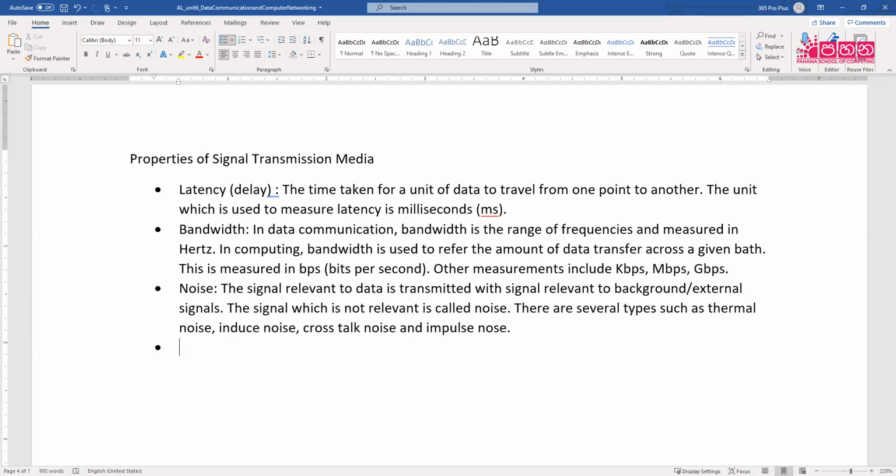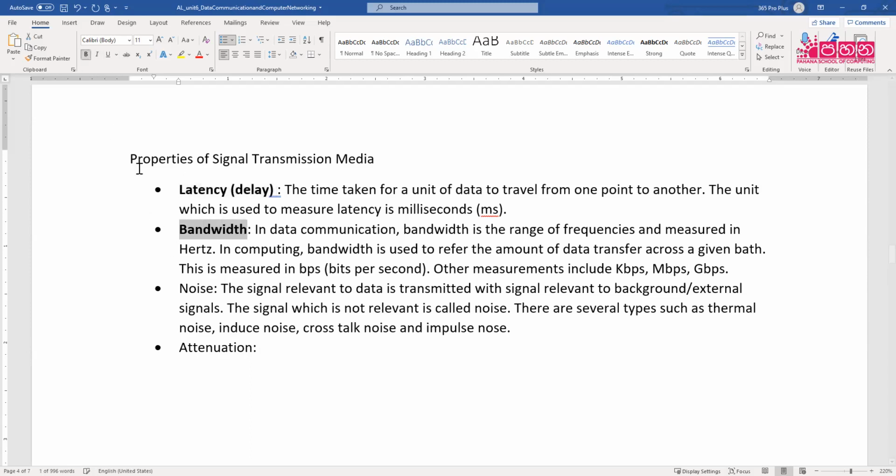Then let's talk about attenuation. Latency we discussed, bandwidth we have discussed, noise, right?